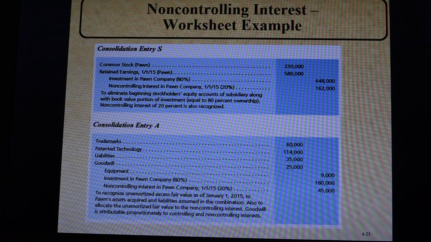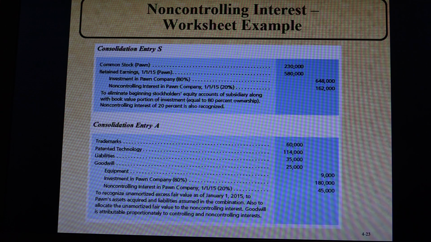So 740,000, the original book value of Pawn, times 80%, plus 56,000, which is their portion of 2014 income, equals 648.